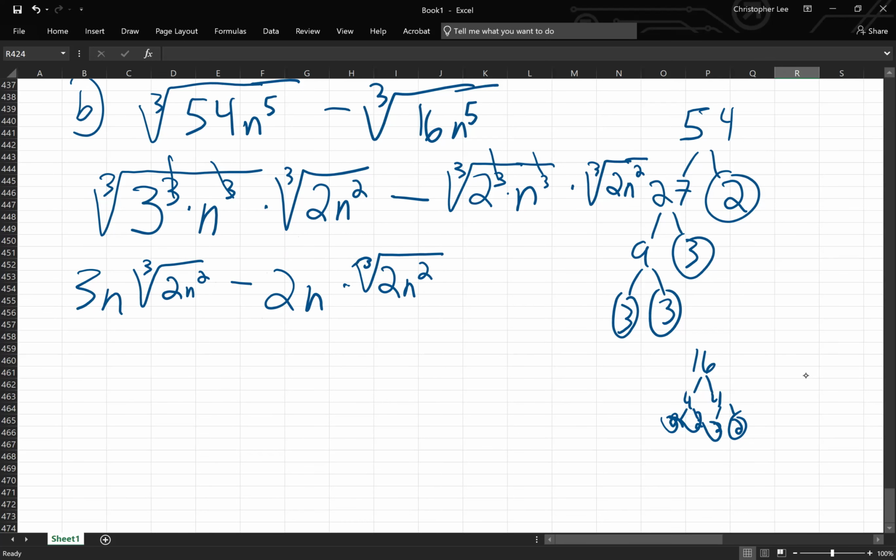Because they have the same radicand and the same index, 3n minus 2n is 1n. So this is just n cube root of 2n squared. That's it. You don't really need the 1 there, just leave it as n. What questions on this?